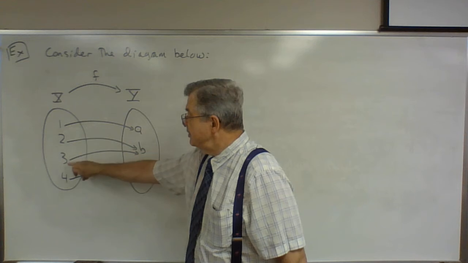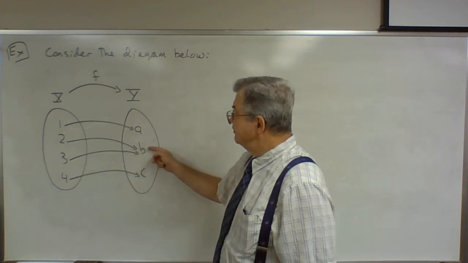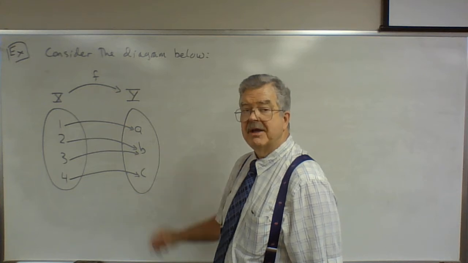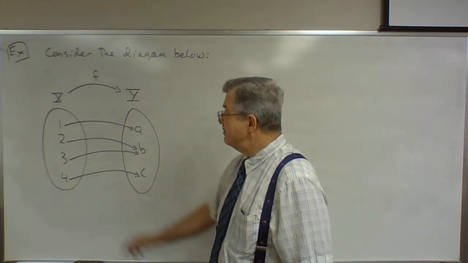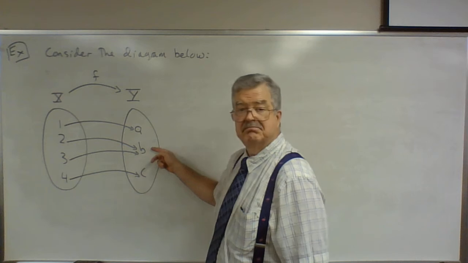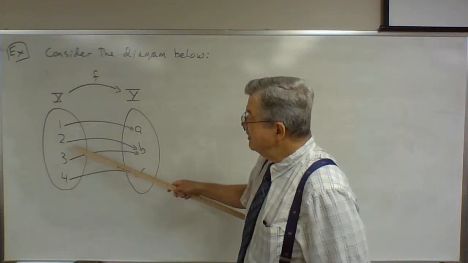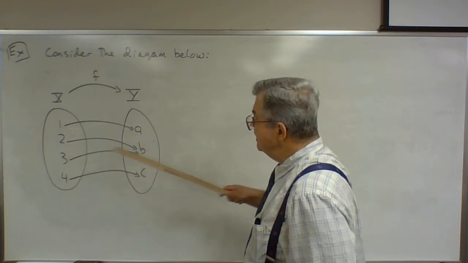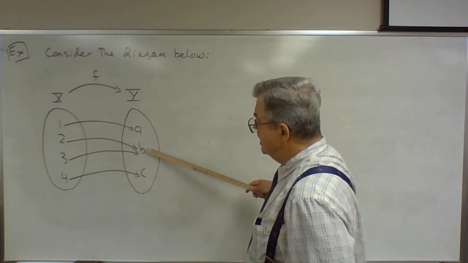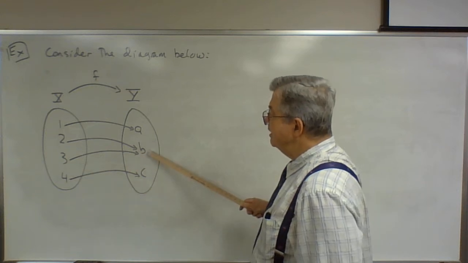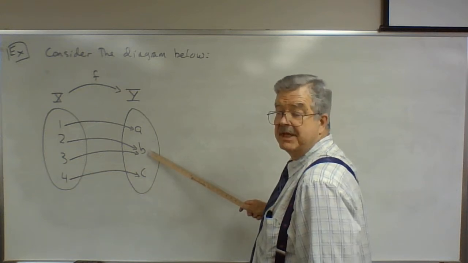Each element, 2 and 3, is assigned exactly one element from set Y. It just so happens that 2 and 3 are assigned the same element from set Y. But nevertheless, 2 is assigned exactly one element from set Y, B. 3 is assigned exactly one element from set Y, B again.